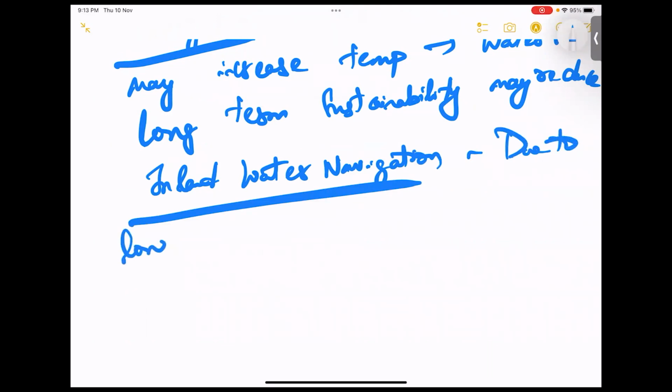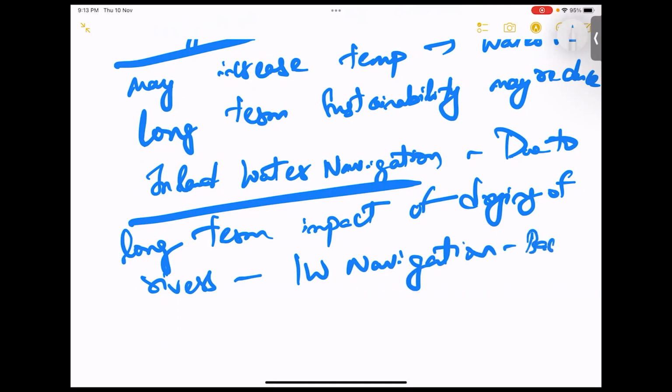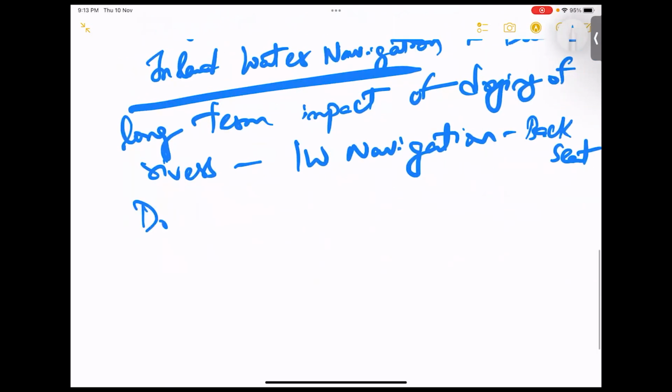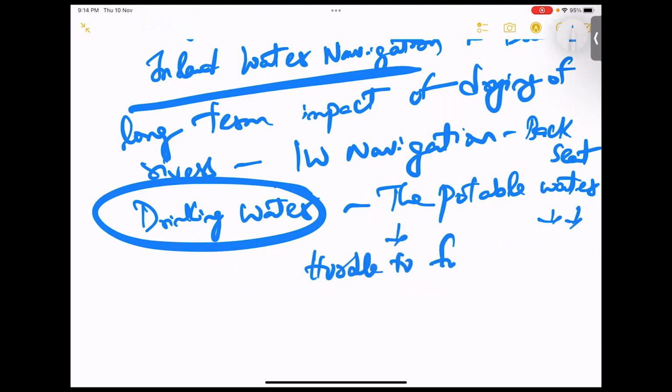Due to long-term impact of drying of rivers, inland water navigation will take a back seat. Drinking water. Potable water will reduce, which may create hurdles to future population.